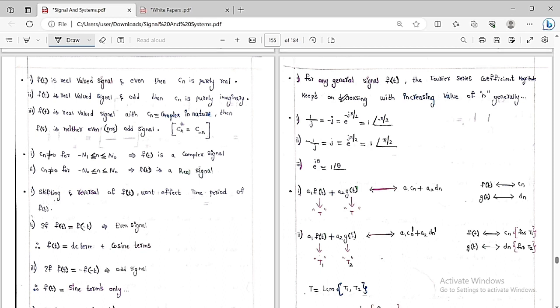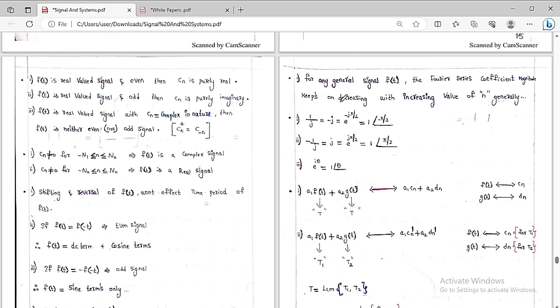Now the next point is, for any general signal f(t), the Fourier series coefficient magnitude keeps on decreasing with the increasing value of n generally. This point we have just discussed.